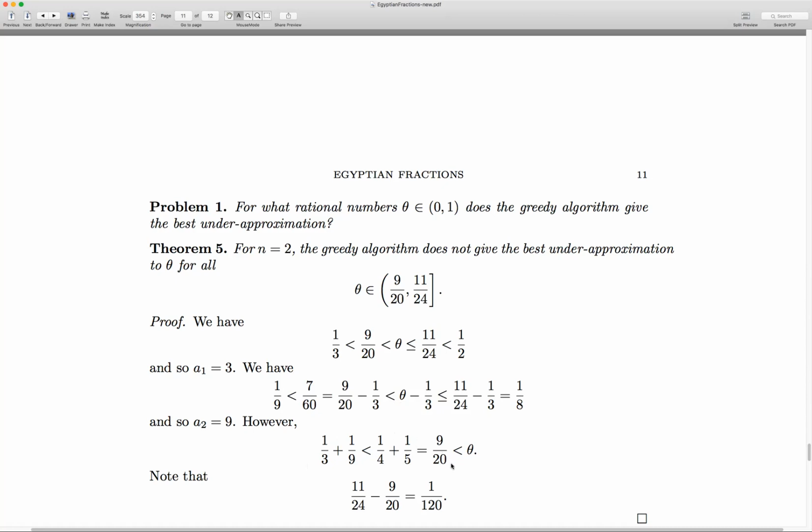So this is correct. For any theta in this interval, the greedy algorithm gives you a third plus a ninth, but a fourth plus a fifth is a better under approximation of length 2. Right?